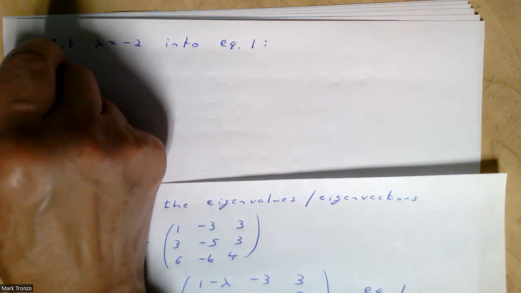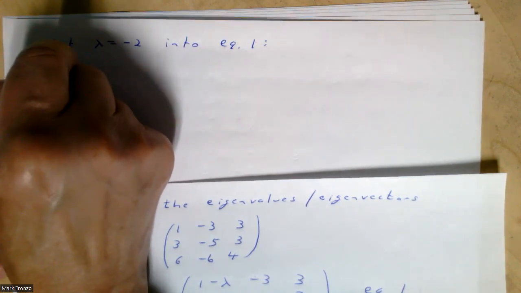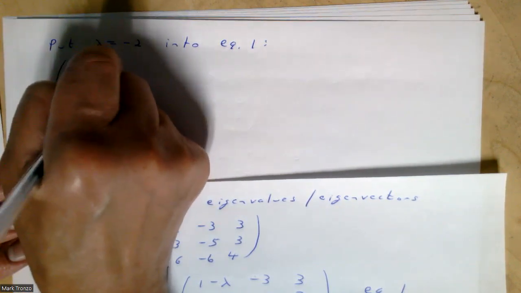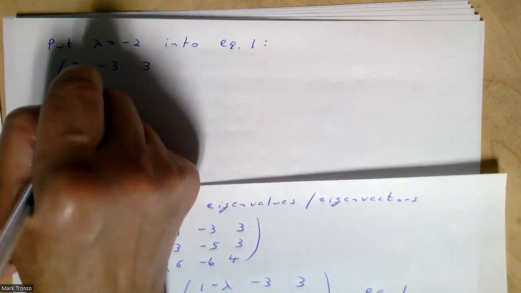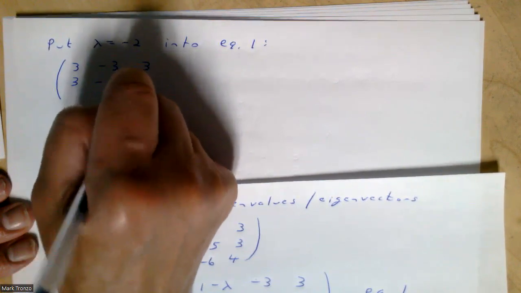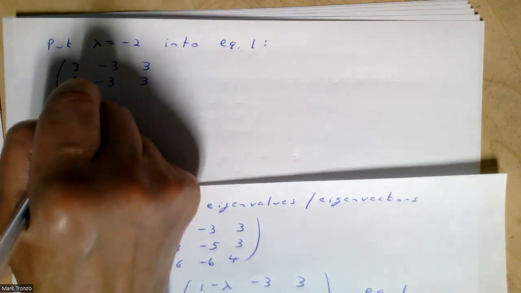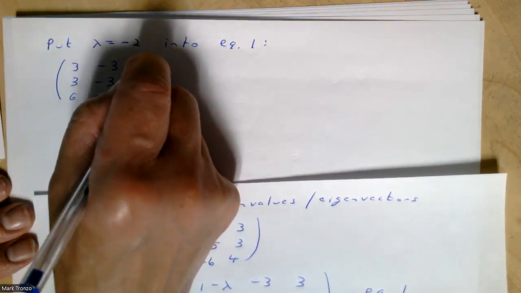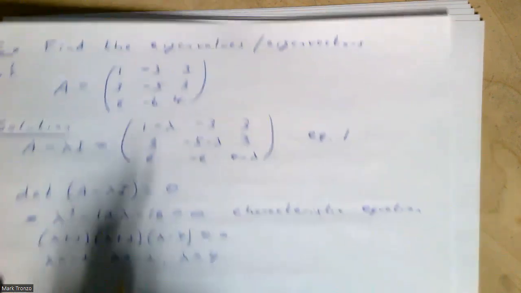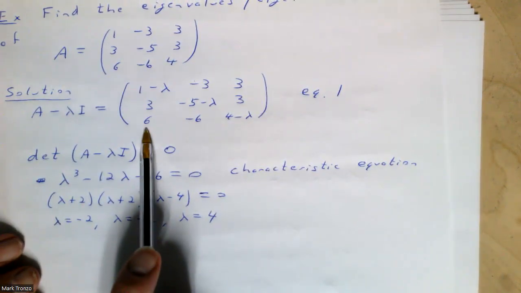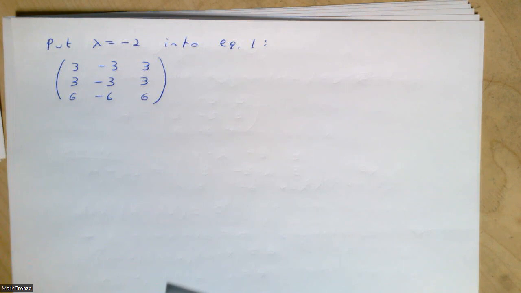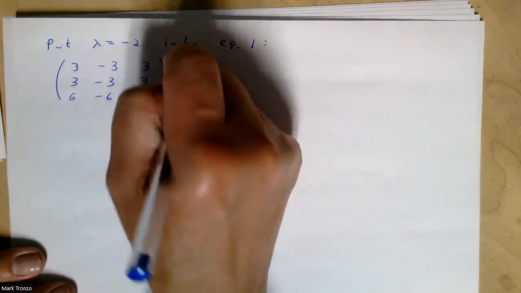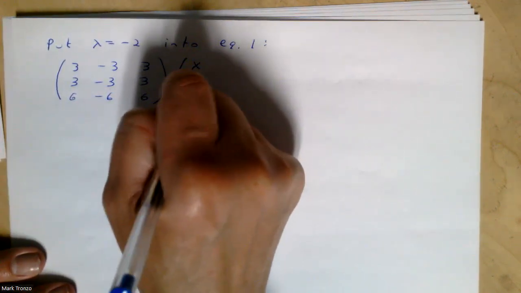When we plug those in, we're going to get 3 minus 3, 3, 3 minus 3, 3, 6 minus 6, 6. Because when we do this down here, we have 6 minus 6, and put minus 2 in here, gives us 6. So do that, and then multiply these out.